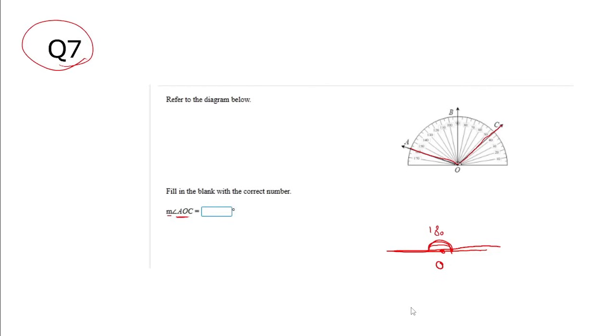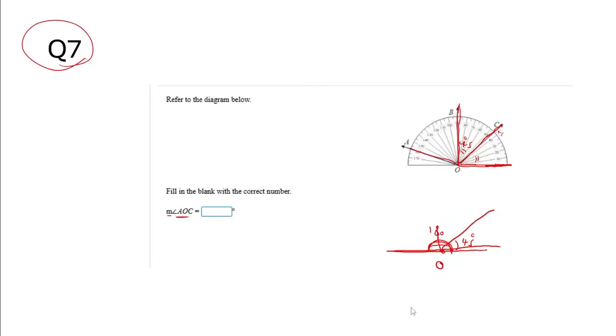Then here it is mentioned that this angle, using the protractor, shows 45. So the angle here is 45. And as you see here, this angle is 90, and this one is 45.